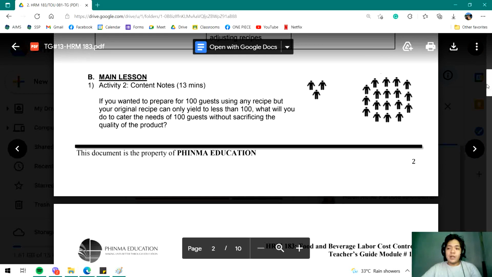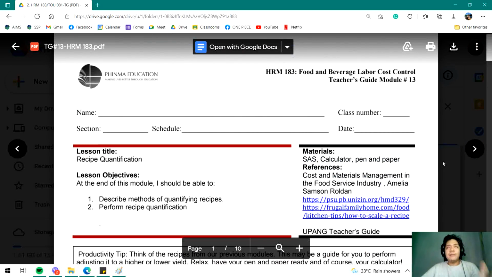So, ang recipe quantification, di ba, ang pinagawa ko sa inyo before na yung recipe standardization natin, para ma-compute natin yung total food cost ng isang recipe, we did a computation. And doon sa standard recipe na ginawa natin, meron doong nakalagay na total yield.